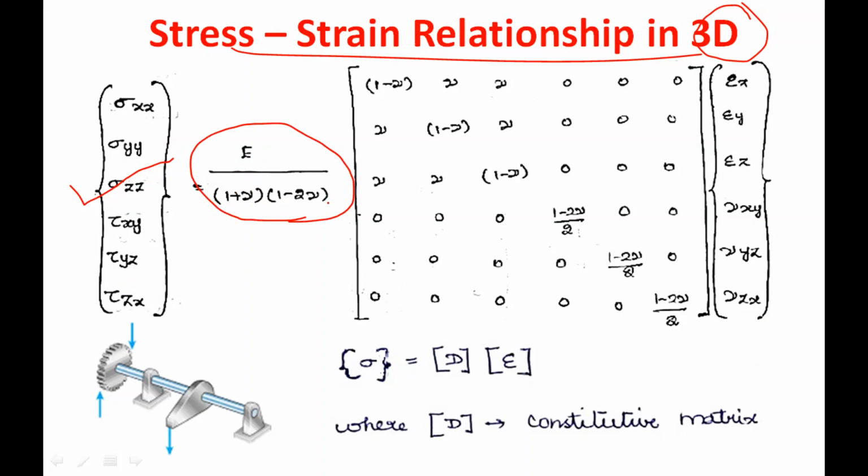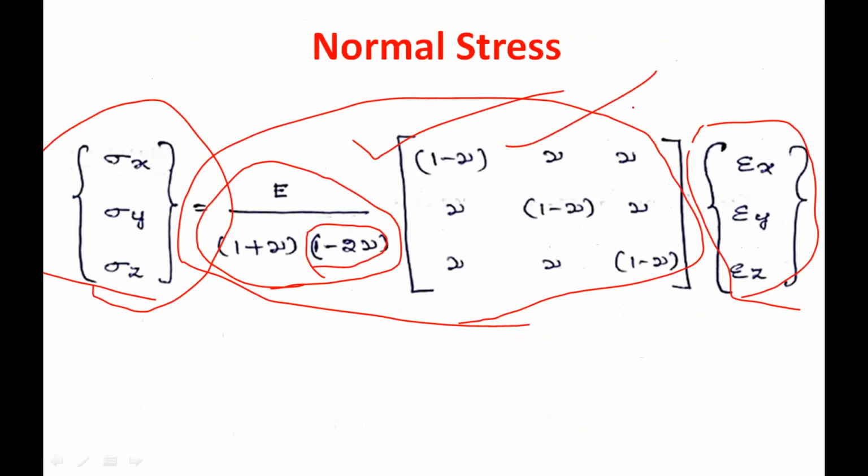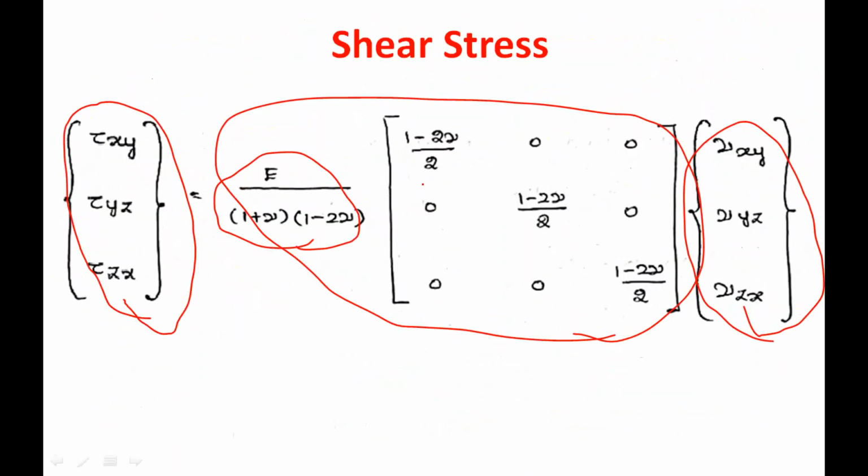So E divided by 1 plus nu, 1 minus 2 nu, and here first three rows for normal stress, 1 minus nu, nu into epsilon x, epsilon y, epsilon z. So this is what we arrived from this equation. Then next 3 rows are for the shear stress.